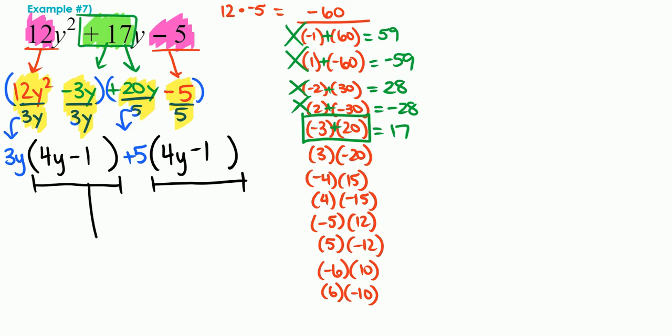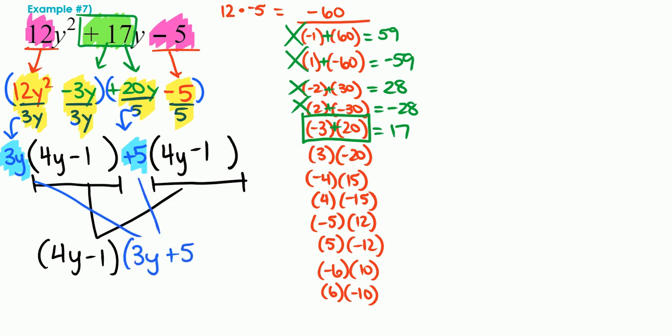So I'm going to write those as one common term. That's 4y minus 1. Now I'm going to take those other terms that I have, the 3y and the positive 5, put those together in another set of parentheses. So 3y plus 5. And again, we have finished factoring that quadratic trinomial into the quantity 4y minus 1 times the quantity 3y plus 5.